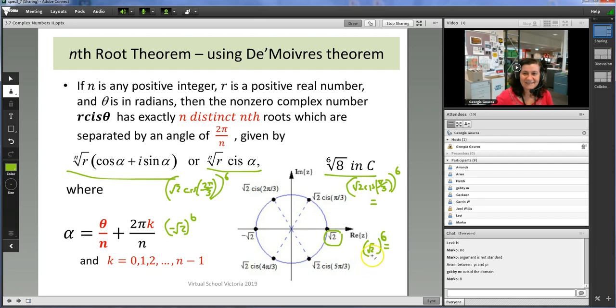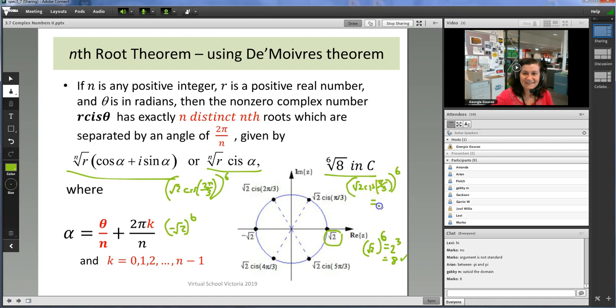Okay, let's think about it. So root 2 to the power of 6, that's the same as saying 2 to the power of 3. Okay, so we're happy with that, that's 8. What about some of these other ones? So that one's cool. What about root 2 cis pi on 3?